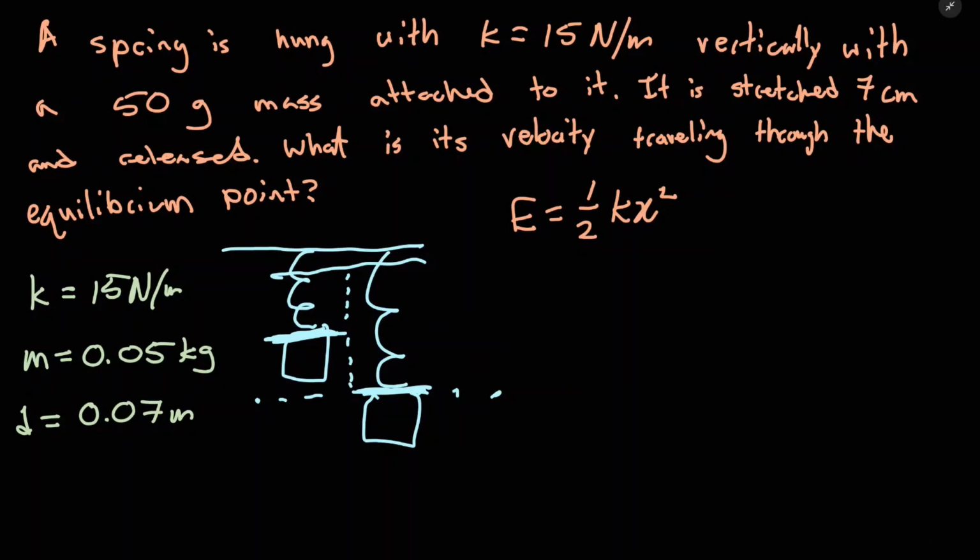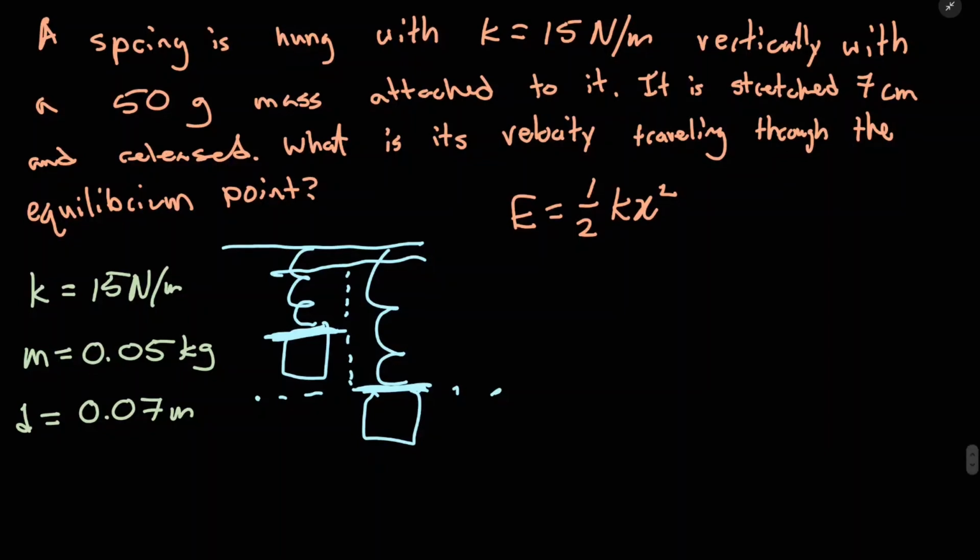And from here, remember that at the very top, there's no more spring potential energy, and it's all gravitational energy. But thankfully, we actually don't even need to worry about what's going on at the top. We only need to worry about what's going on at the equilibrium position.